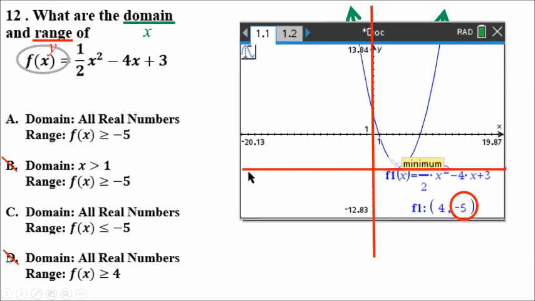And so that allowed me to mark out answer choice D, because we want to make sure that since we're talking about range, we're sticking with the y value of -5. Now, I want all of the numbers above that line because my graph lives above that line. So above, would that be greater than or less than? Absolutely. Above is greater than. So that makes A my best answer.